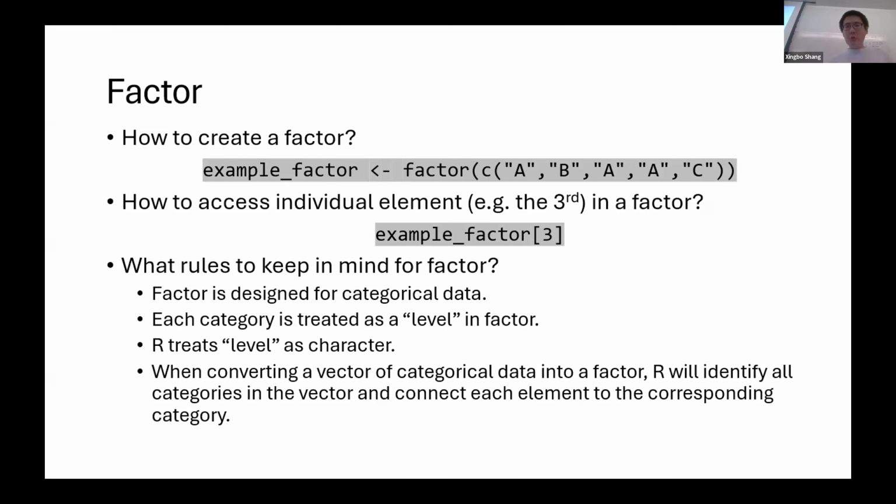So when we use the factor command to convert a vector into a factor, R will automatically identify all the existing categories in it and store them as levels, and assign each of your data to a specific level, or you can call it category.